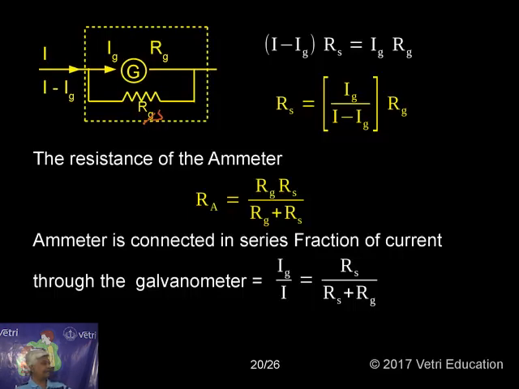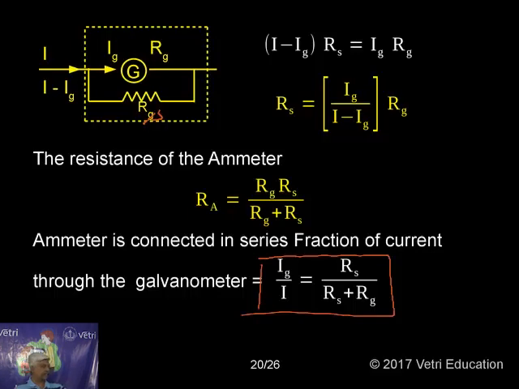Therefore, the fraction of current through the galvanometer, Ig by I, is equal to Rs by (Rs plus Rg). This is an important problem: the ratio of current is equal to the ratio of resistances, Ig by I is equal to Rs by (Rs plus Rg), because the current divides in inverse proportion to resistance.